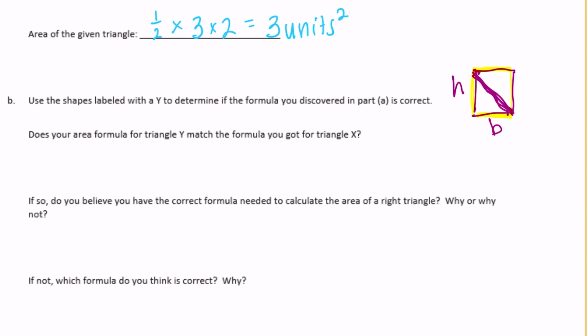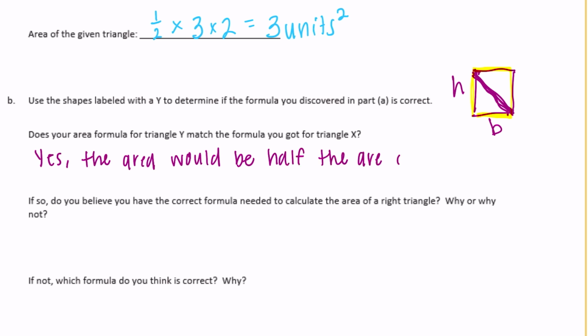And then take half of it to find the area of that triangle. So I would say yes, that works. Yes, the area would be half the area of the square. I'm going to make this more specific, the area of the triangle.